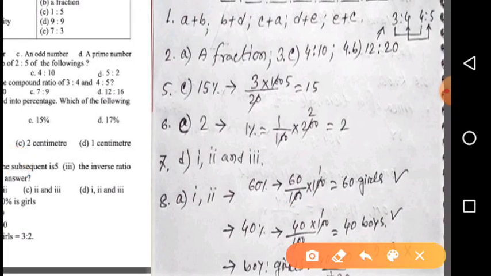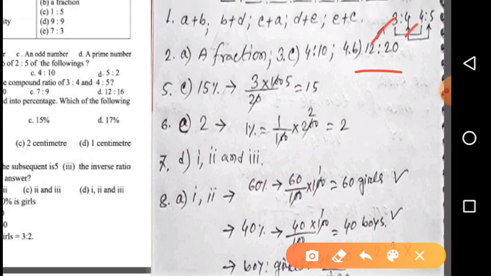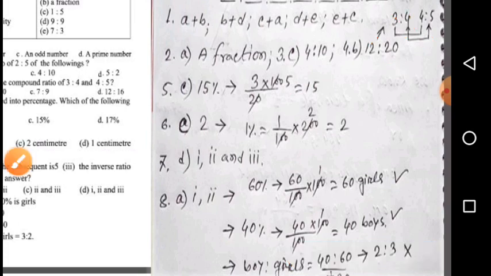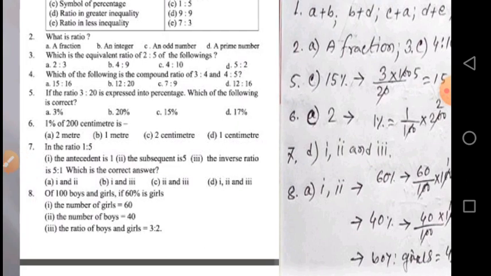The answer is B, 12:20. That means antecedent 3 multiplied with antecedent 4, as well as subsequent 4 multiplied with subsequent 5. After that we get 12:20. So the correct answer is B.